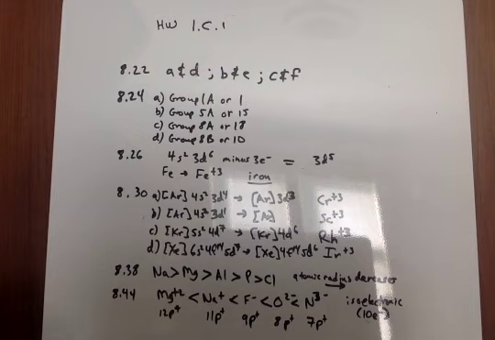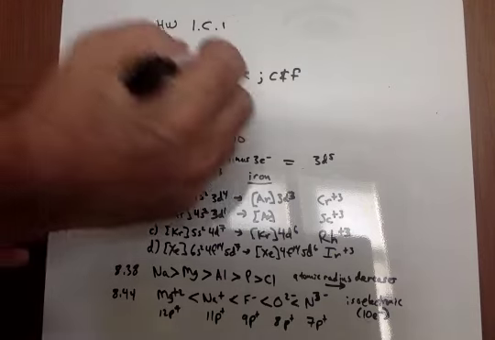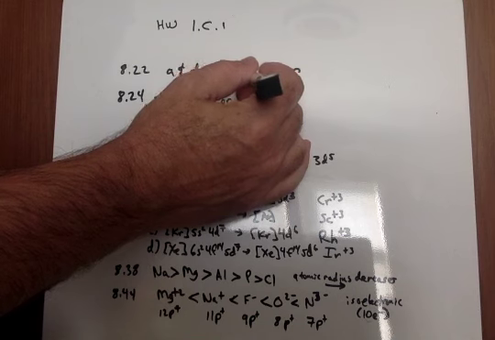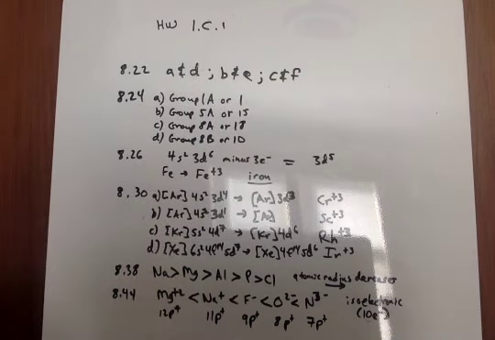The next two I'm going to pair up are B and E: 1s2 2s1 for B, and 1s2 2s2 2p6 3s2 3p6 4s1 for E. And then C and F. C ends in 2p6, F ends in 4p6. So that takes care of number 22.